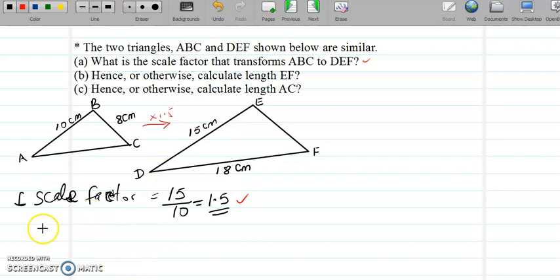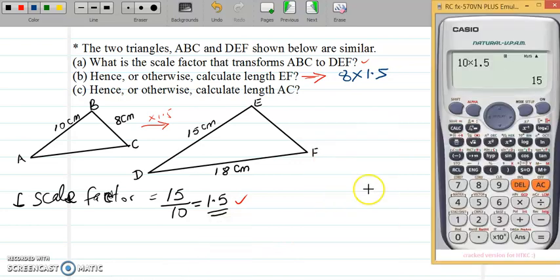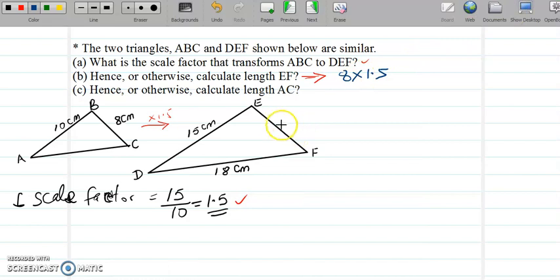So that gives us 8 multiplied by the scale factor 1.5, which is 12. So this side is 12 cm.